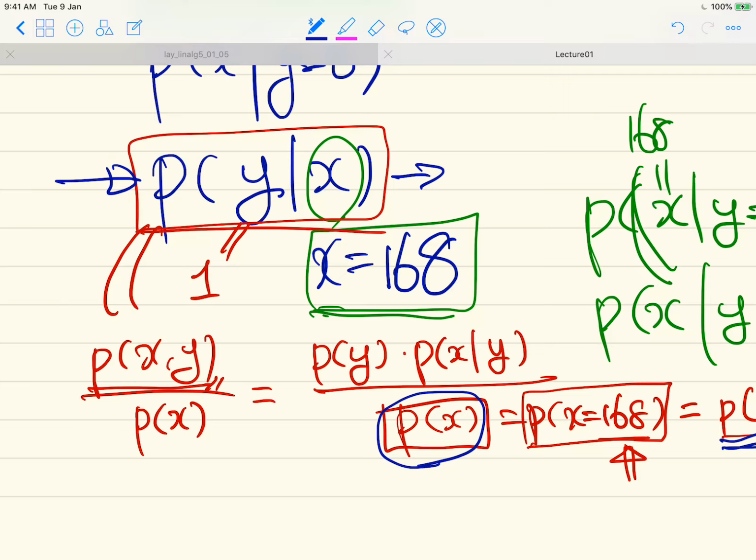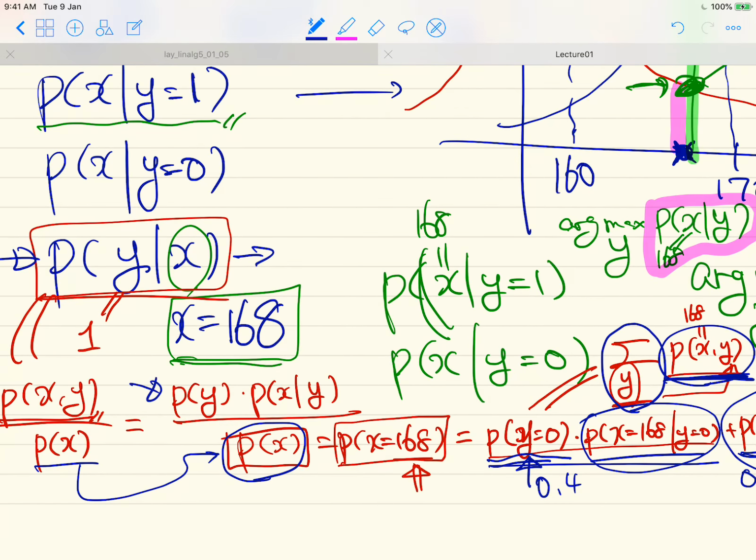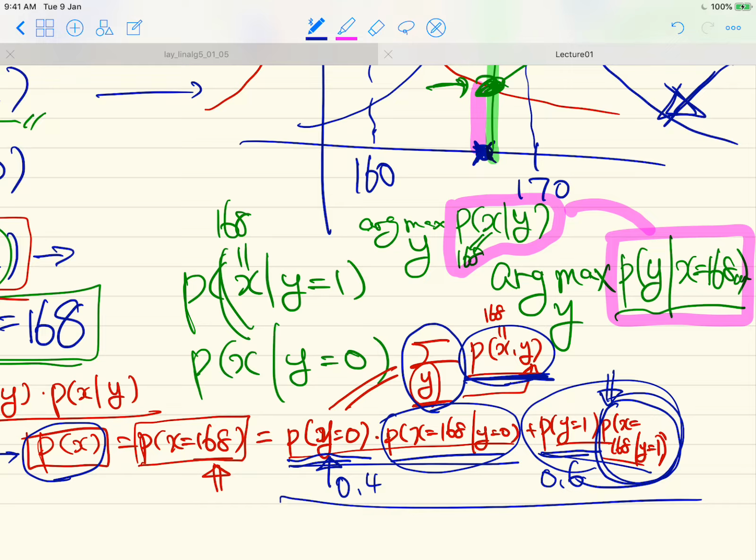Then we replace them so that we can follow the natural generation order, where p of x comma y is given as p of y times p of x given y, and p of x, the marginal distribution, is also represented in this natural generation order, considering all the possible cases of the intermediate node y.